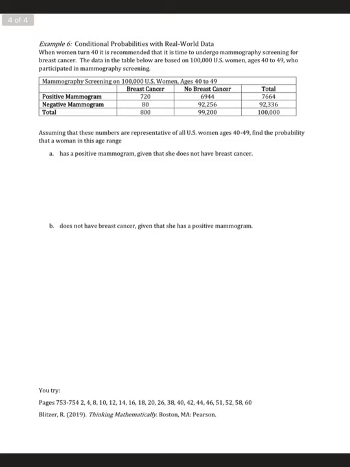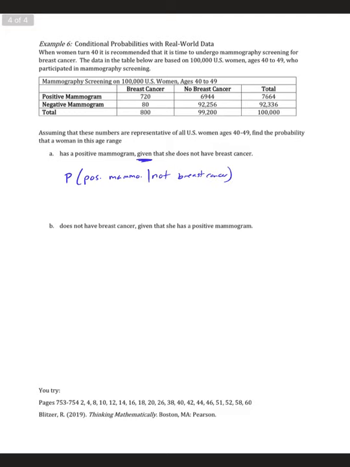Okay, now looking at this example, assuming that these numbers are representative of all the women ages 40 to 49, find the probability of the women in the age range, and we're starting with the first one. We're going to find the probability that they have a positive mammogram given, again, there's that keyword given, that she does not have breast cancer.